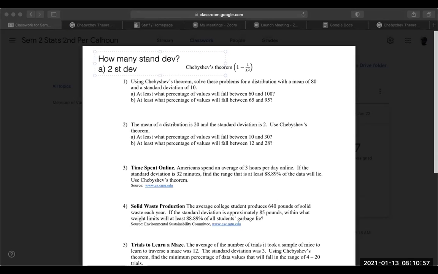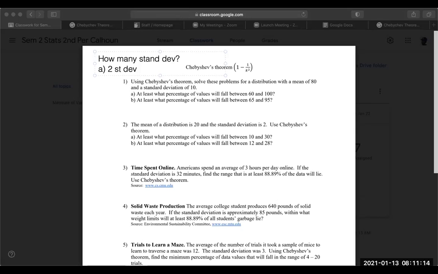Because if you do 80, add 10 is 90, the second standard deviation is 100. Or if you're at 80, subtract 1 standard deviation is 70, subtract 2 is 60. So that's 2 standard deviations.